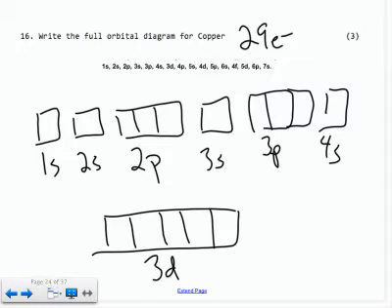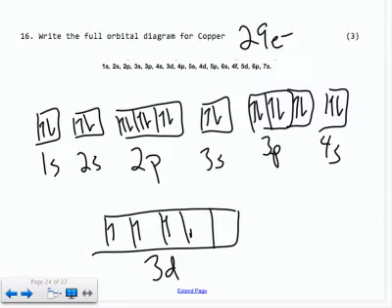Okay, so we're going to fill these up. 1, 2, 3, 4, 5, 6, 7, 8, 9, 10, 11, 12, 13, 14, 15, 16, 17, 18, 19, 20. Need 9 more. 21, 22, 23, 24, 25, 26, 27, 28, 29. I don't need to fill in that last box because I've already got my 29 electrons. So 1s2, 2s2, 2p6, 3s2, 3p6, 4s2, and 3d9 gets me 29 electrons.